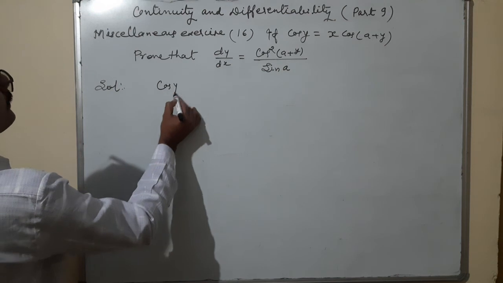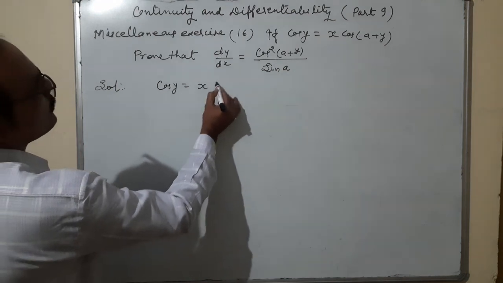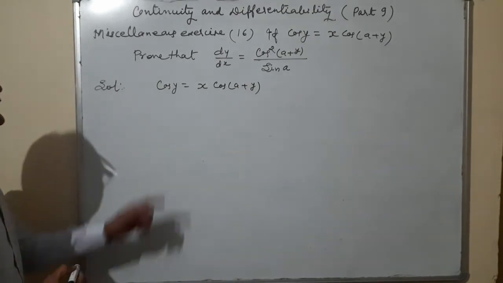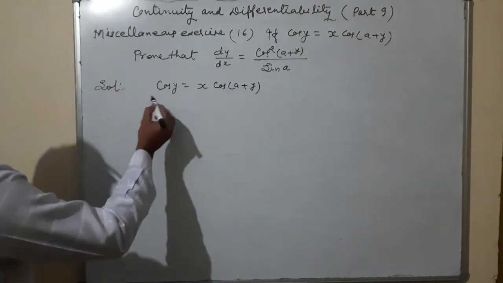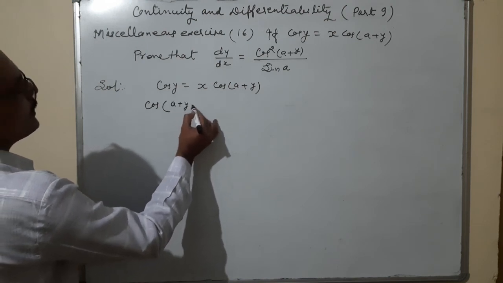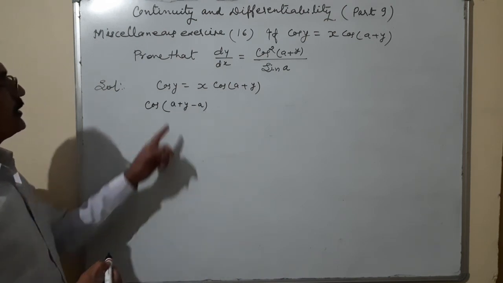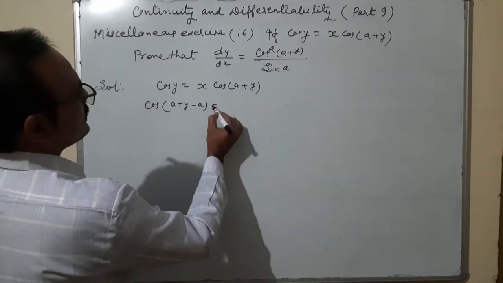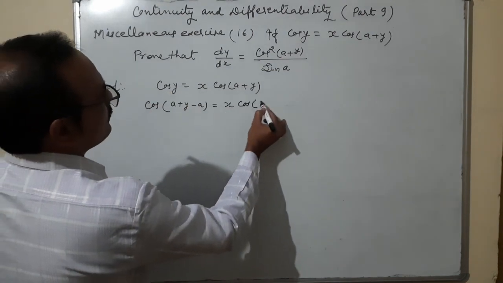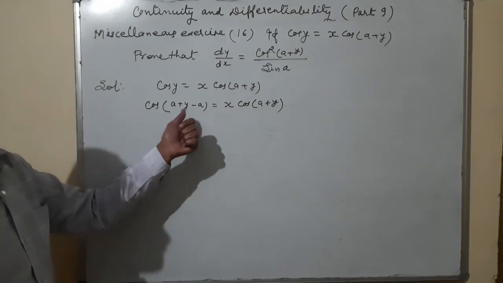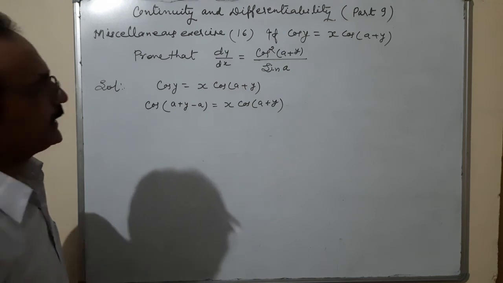Cos y is equal to x cos a plus y. On the left side, cos y, I can write as cos of a plus y minus a. Can I do it? Plus a minus a cancels. So cos of a plus y minus a is equal to x cos a plus y. Why have I done it like this? Because I want to make the formula cos a minus b equals cos a cos b plus sin a sin b.